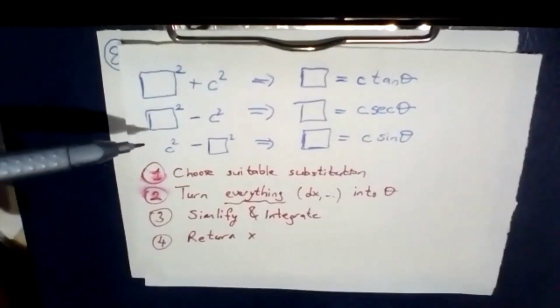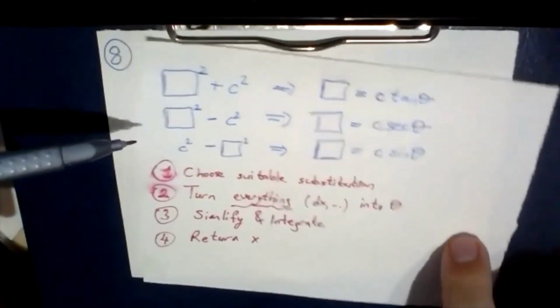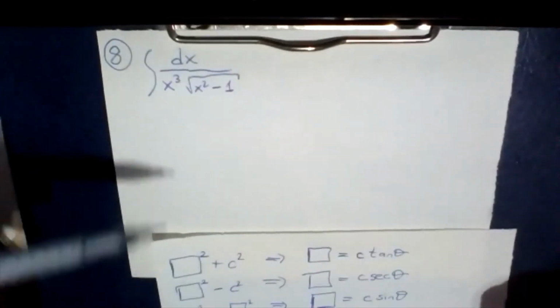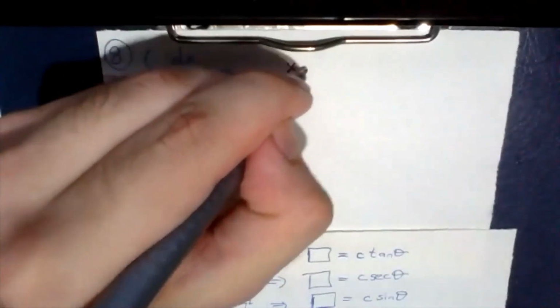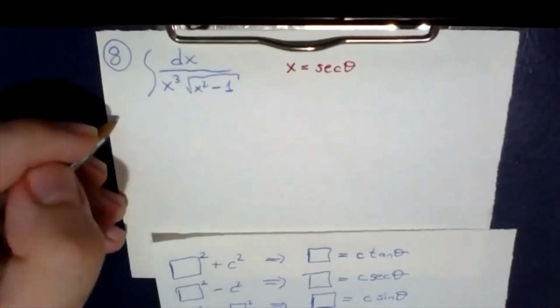So the square of box minus a constant number looks like the second one. So x is equal to 1 times secant theta will be good for our substitution. Hence, we replace every x with this one.